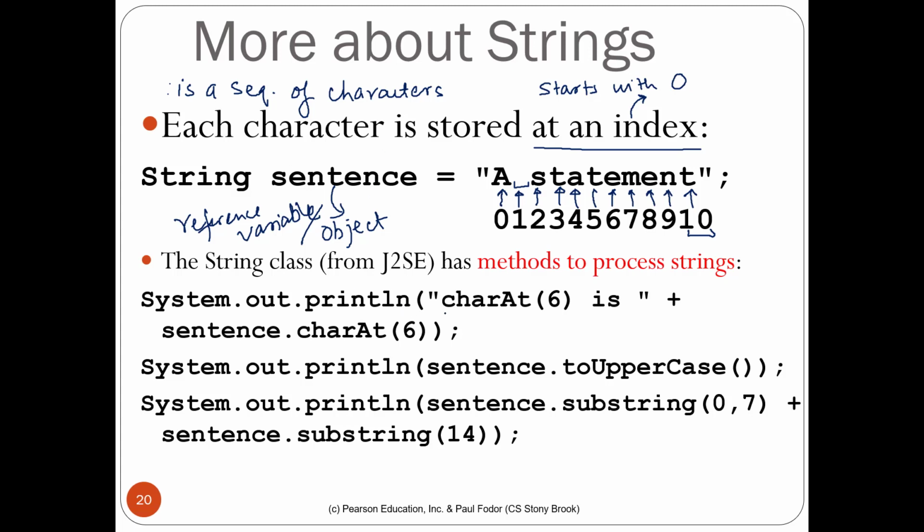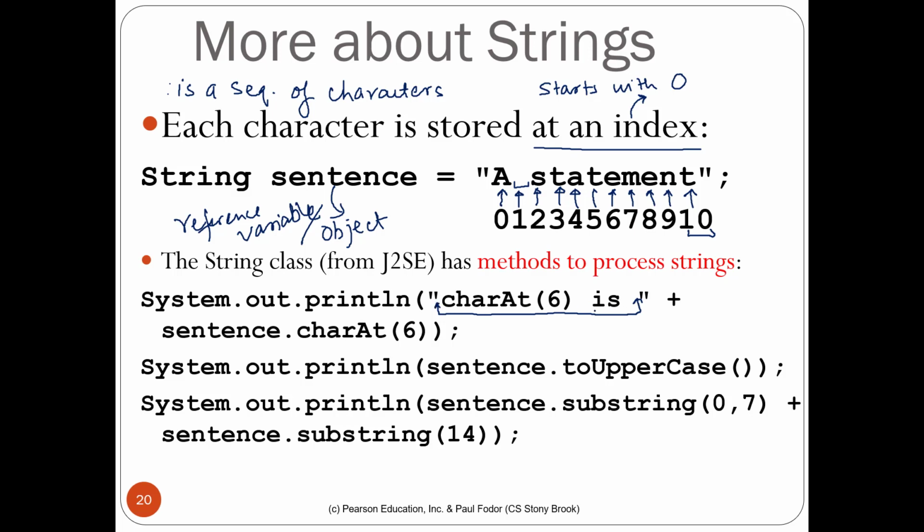Now, what are we doing here? System.out.println, we know what it does. And here is a string which says that a character at 6 is. So what will happen? This will be printed as such. Why? Because this is the whole string.